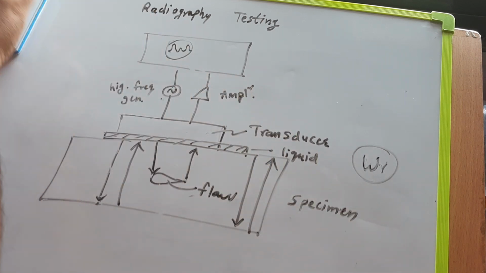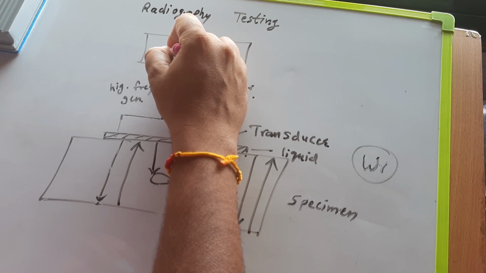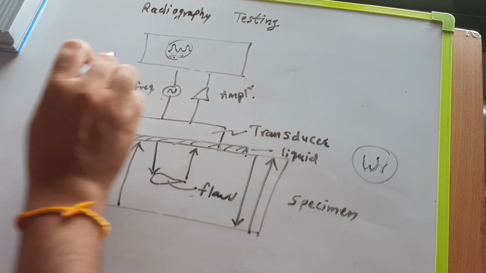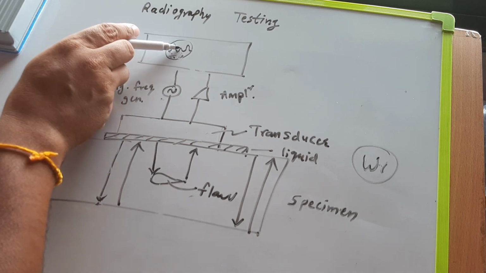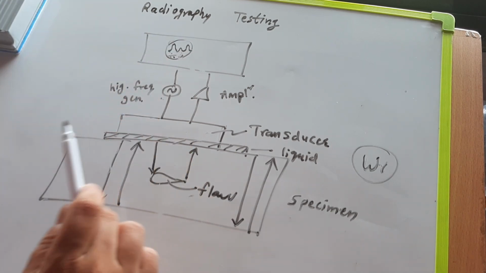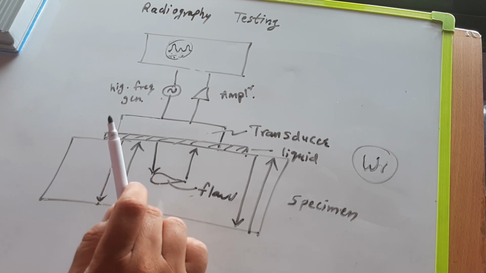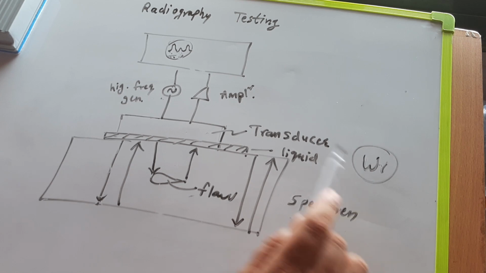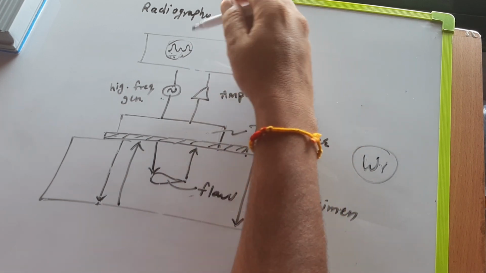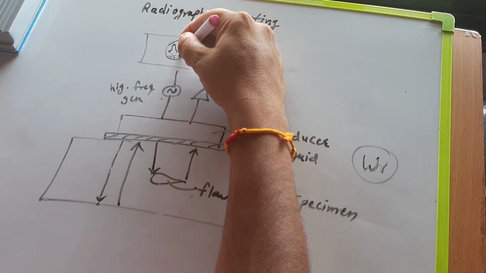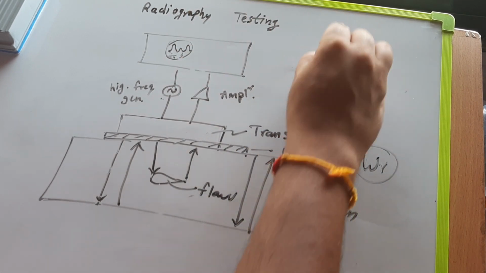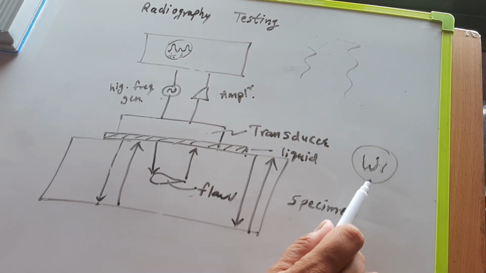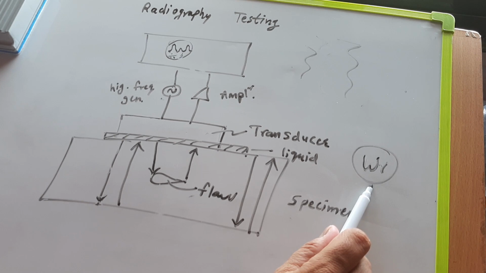I could not draw this well, but you can show this as A and this as B. This first peak is A, this second peak is B. If a defect is present, there will be another small peak, which in the diagram we have shown as B. I want to write B here, but my ink is gone. So please write it as B. There will be another peak B.